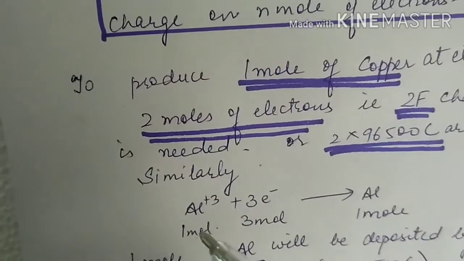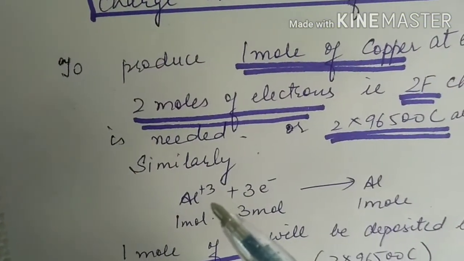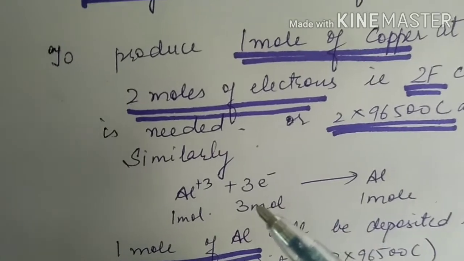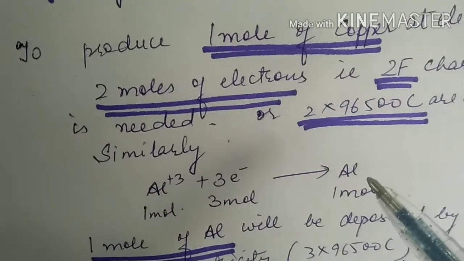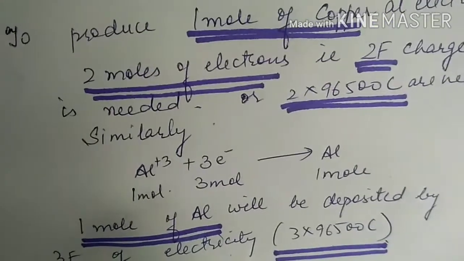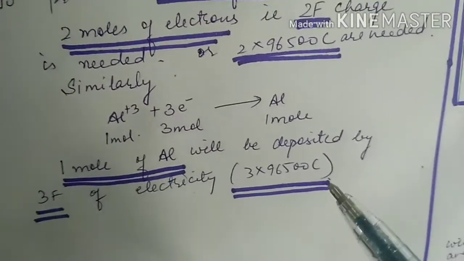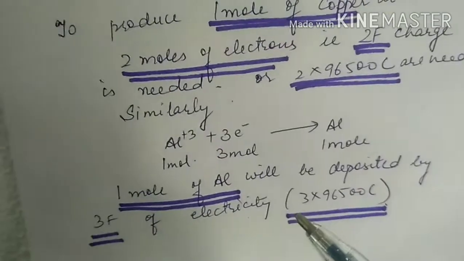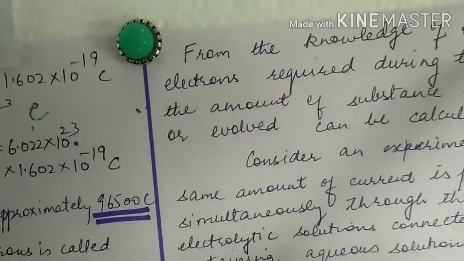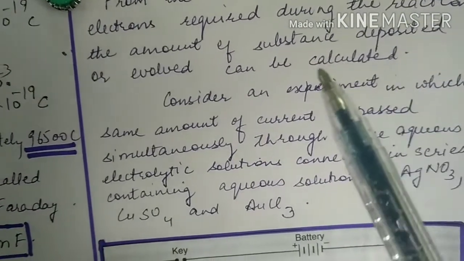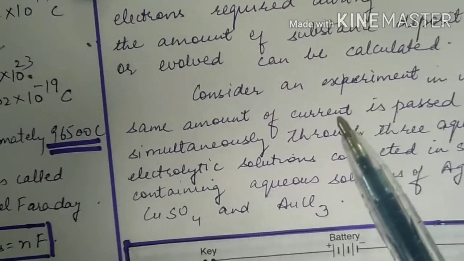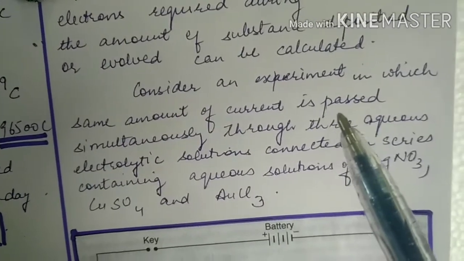Similarly, aluminium ions will take 3 moles of electrons to form 1 mole of aluminium. So the charge needed will be 3 Faraday, or 3 into 96500 coulombs. So from the knowledge of moles of electrons required during the reaction, amount of substance deposited or evolved can be calculated.